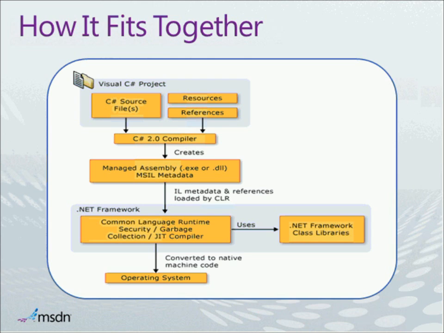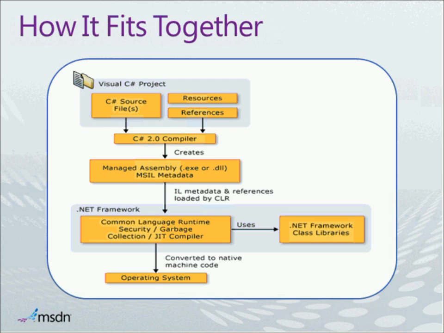When you execute, that code gets passed off to the .NET framework itself, where the runtime will open up that code. It will inspect the metadata within that assembly and run some security checks. If it finds that everything is good on the security checks, it will then fire off the just-in-time compiler the first time this code is run.